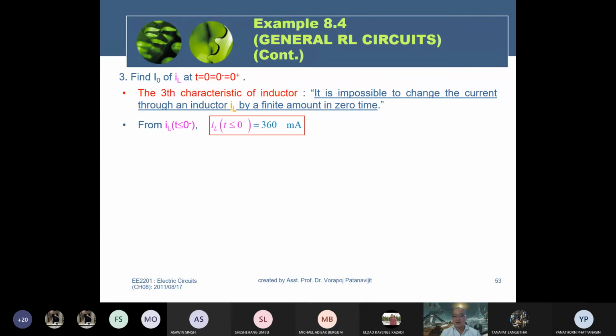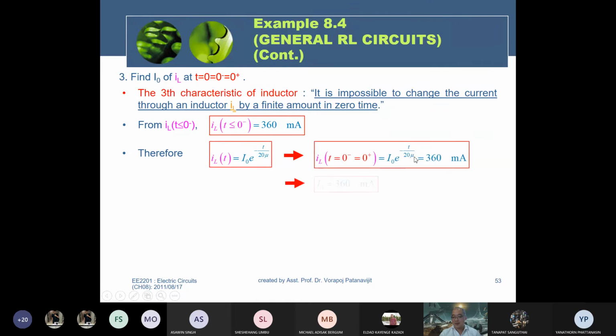IL for time less than 0 equals 360 milliamp, and IL for time greater than 0 equals I0 e to the power of minus t divided by 20 micro. When you substitute 0, e to the power 0 gives you 1. You can conclude that I0 equals 360 milliamp.